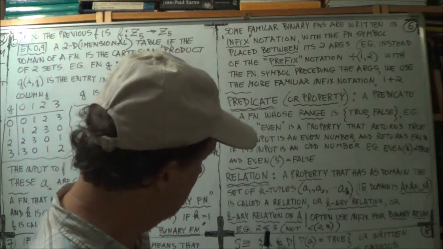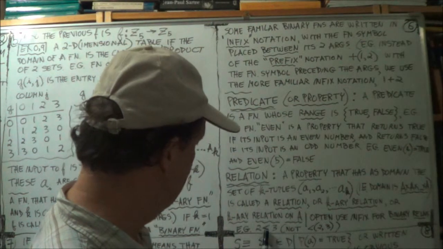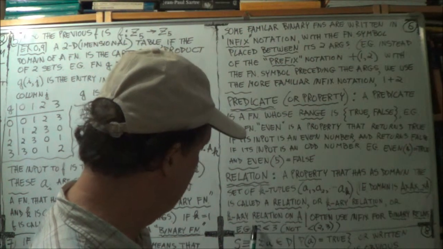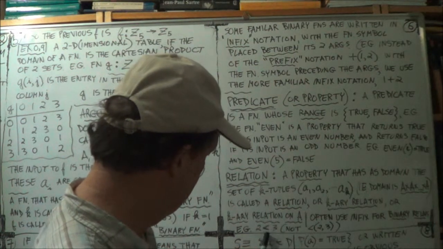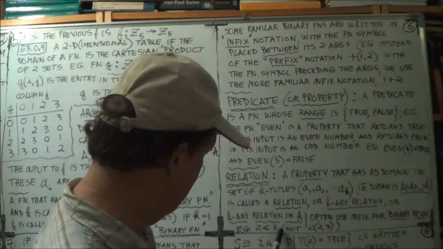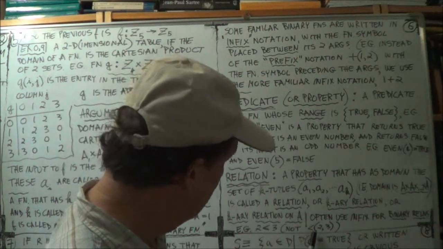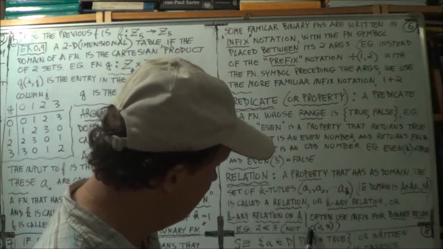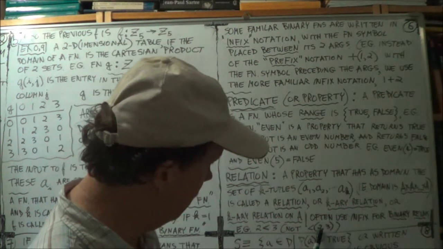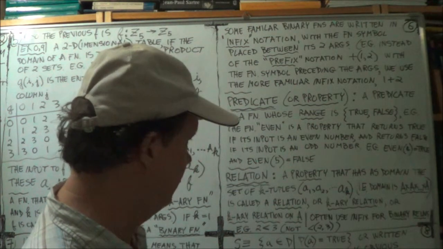So the function here is a relation. Now, if we wrote it in prefix notation, that would be your F, and these are your two inputs, and they're both from the same set.